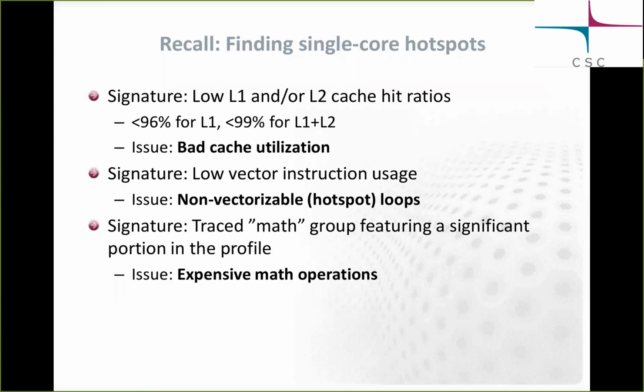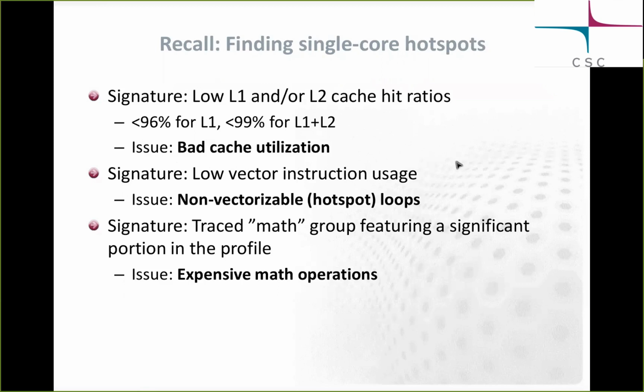So for instance, I can measure the ratios of how big a portion of the memory references land on the fast cache memories as compared to how many of them land outside of it. If I have a miss ratio of several percent, I most likely have inoptimalities in cache utilization, meaning that fixing those should improve the performance of the code.